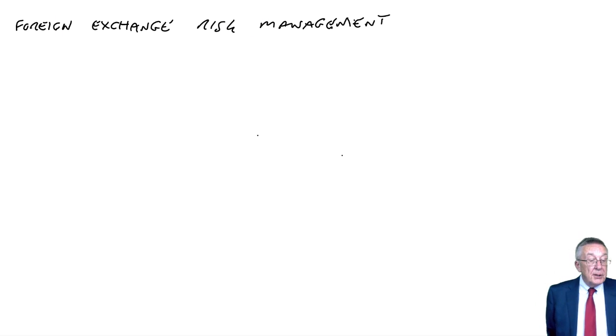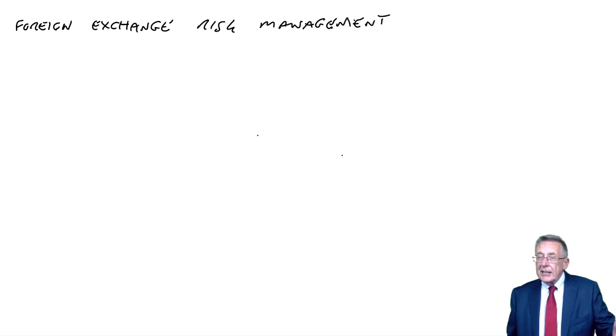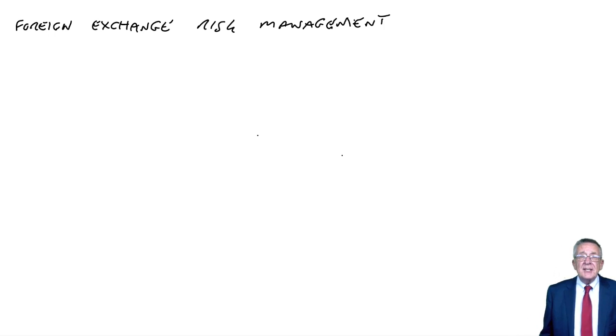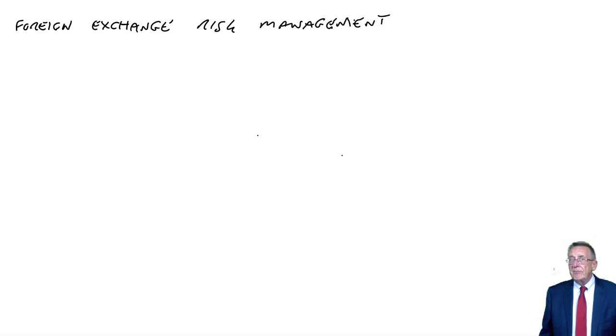We're now coming on to the risk management section of the syllabus. Foreign exchange risk management, and then later interest rate risk management, which is a really core area for the exam. The examiner's made it clear that in the exam there'll always be one question focusing in some way or another on discounted cash flow, albeit you've seen in the earlier lectures there are so many different things that can be asked under that heading.